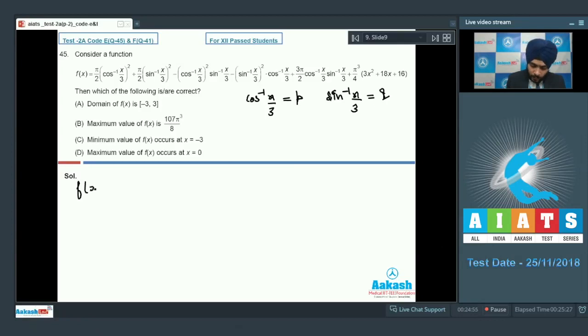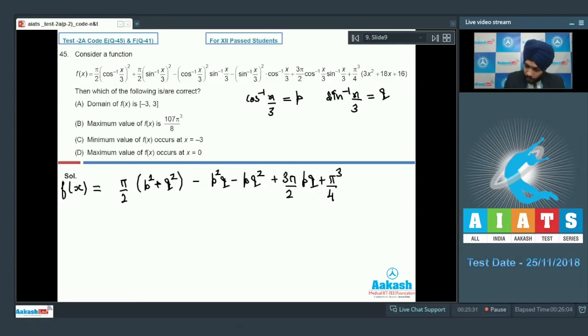So f of x is pi by 2 into p square plus q square, minus p square q minus pq square, then 3 pi by 2 pq plus pi cube by 4 into 3x square plus 18x plus 16. So students, I know that p plus q is equal to pi by 2.